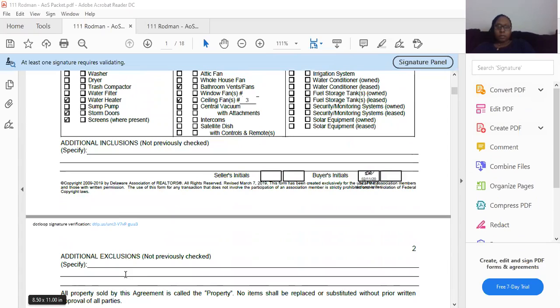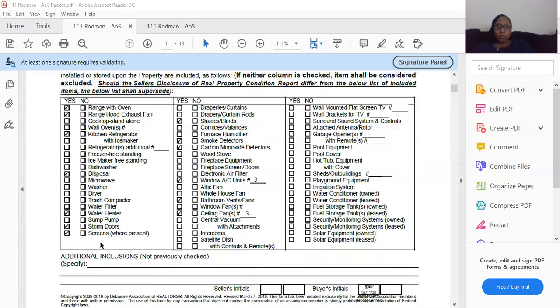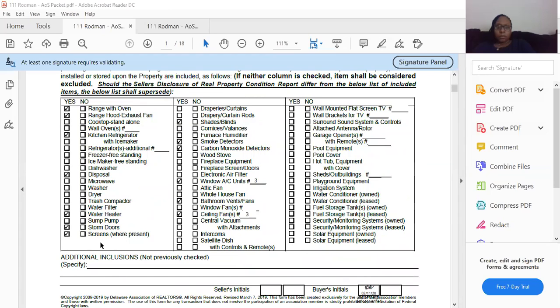So look at that inclusions, exclusions list. Now, if it's something that your buyers can't live without, everything's negotiable. If they wanted that chandelier included, it should be in additional inclusions. Or let's say there's a play set or a shed that they want to make sure is included.